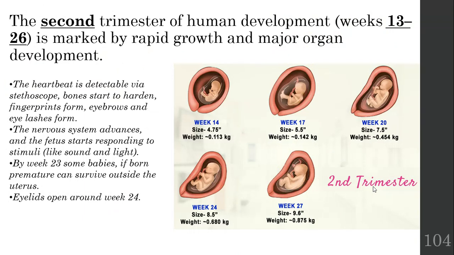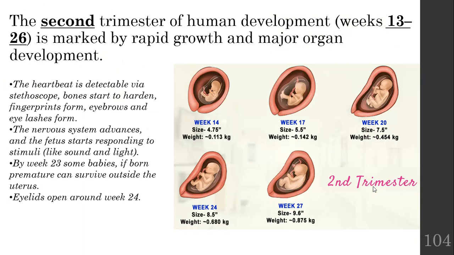Now, the second trimester of human development, this is between weeks 13 and 26, is marked by rapid growth and major organ development. So the heartbeat is detectable via stethoscope, bones start to harden, fingerprints form, eyebrows and eyelashes form. The nervous system, which was the foundations were built during the first 8 weeks, begins to advance.